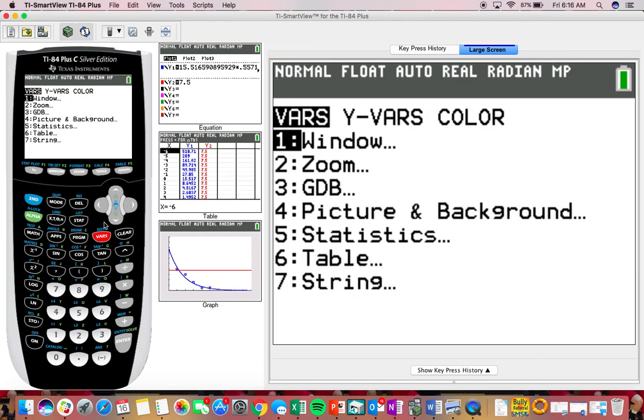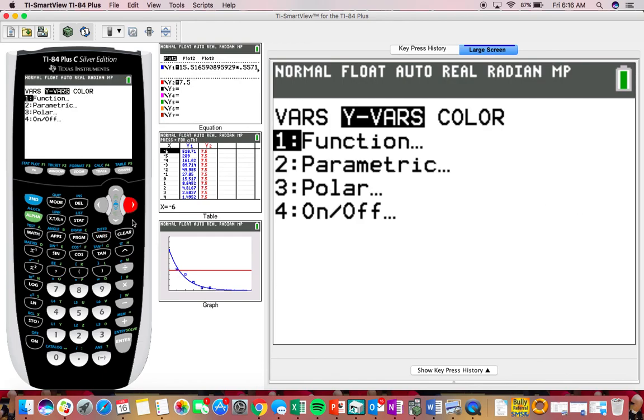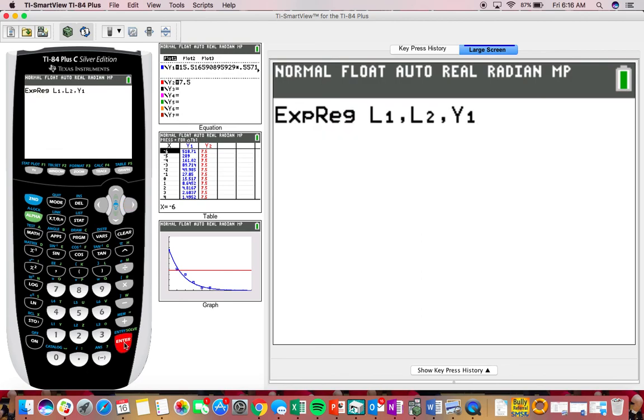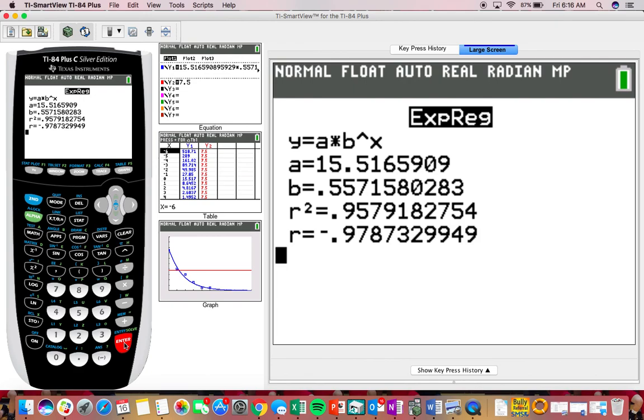So you still have to go to the vars, go to your y vars for functions, and choose y1. And when you press enter, it should do the exact same thing for you. So if you do have a TI-83, and I might make an additional video just for you guys on showing that again, but just know that if yours does not have a menu that pops up for exponential regression, that's how you have to type it in.